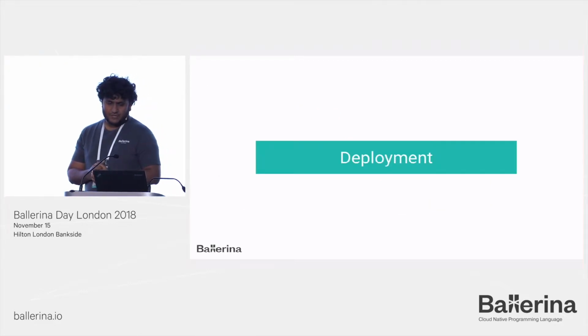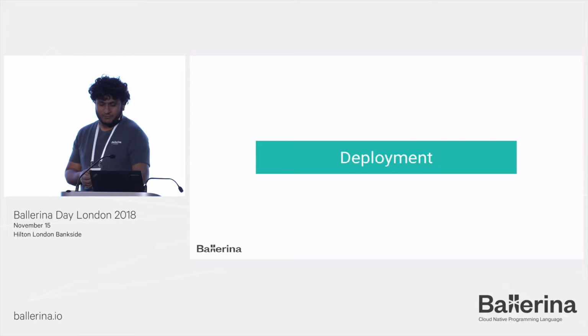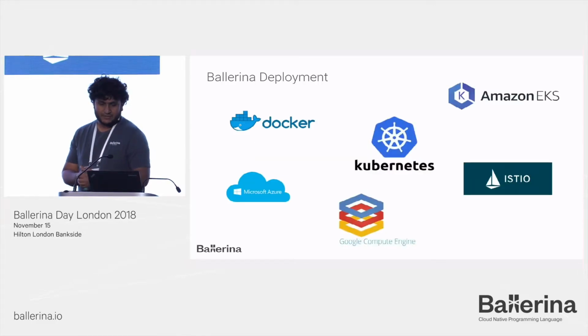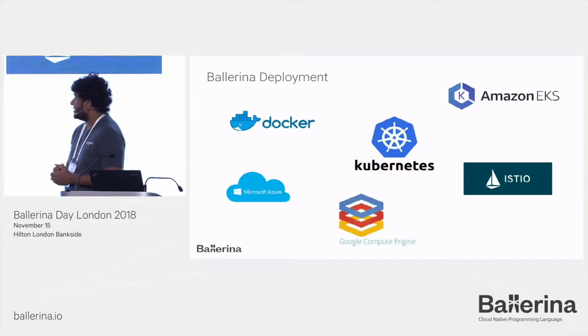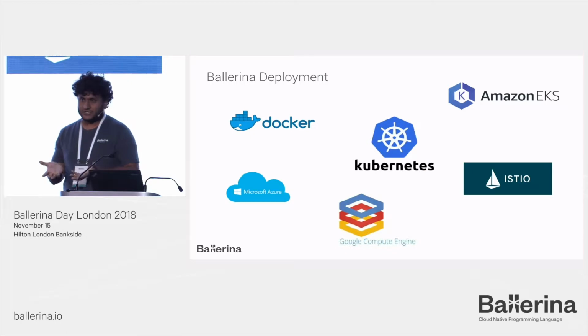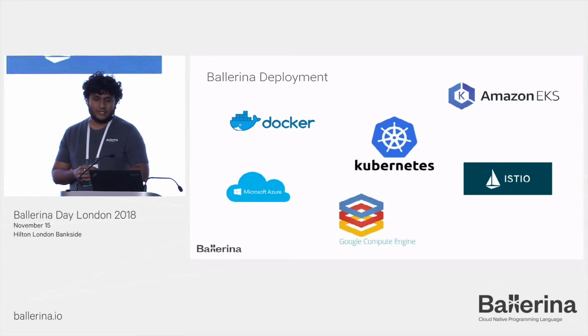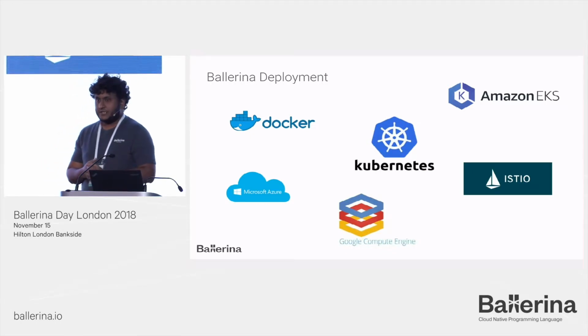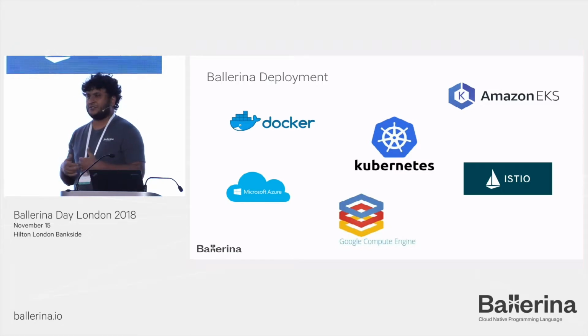And then let's look at the deployment side, what we have at the moment, the prominent options. As you have seen in earlier demos, we have out-of-box Docker support and Kubernetes as well, which is critical nowadays for your microservice architecture.